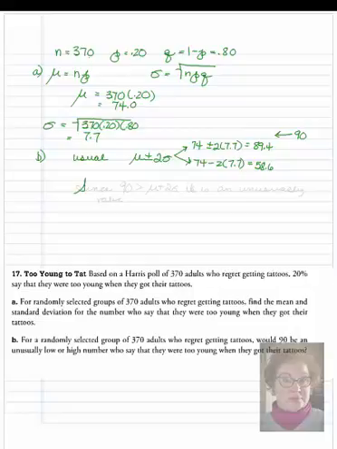So since 90 is greater than our mean plus 2 standard deviation units, it is an unusual value. Let's call it unusually high. That makes sense? So you really don't need to use StatCrunch to do this because these formulas are pretty easy.